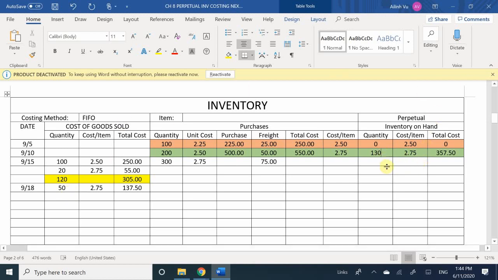Wait a minute, we sold 50 more. What was our original number here in the green? The 130? It was 180 to begin with. Oh, right. So we did it over there and not down there.